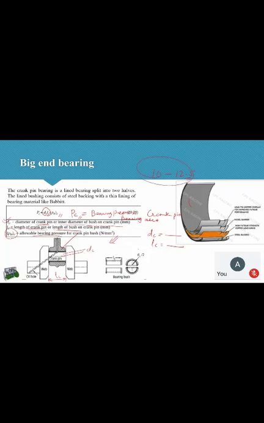Okay, for crank pin, you have to assume somewhere between 8 to 10 as a bearing pressure, because here even if the force PC is acting, the area which is bearing the pressure is larger. That is why the bearing pressure has to be assumed somewhere in the range of 8 to 10 megapascal. Done?